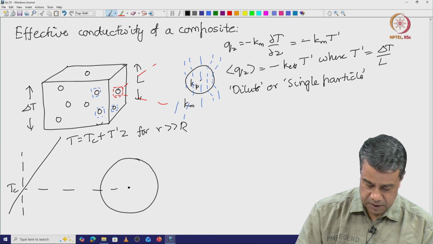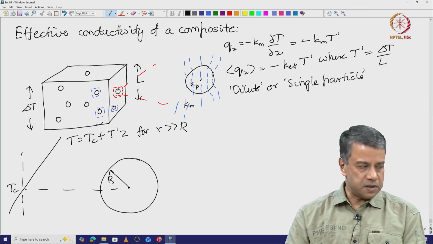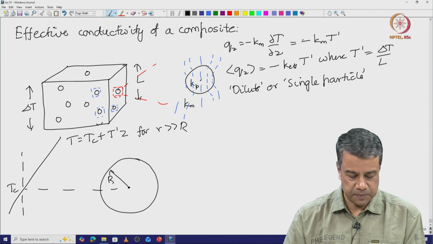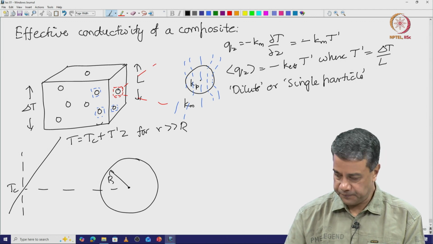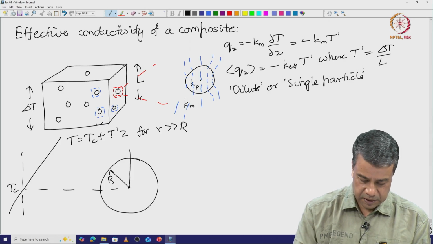Each of these particles has a radius r, and the temperature gradient is in the z direction.